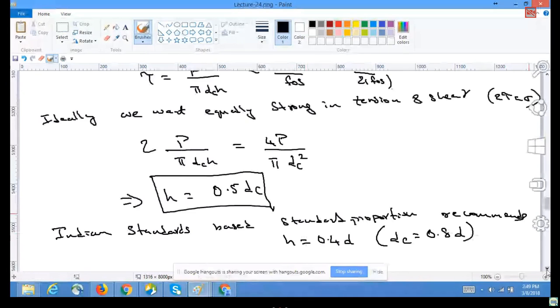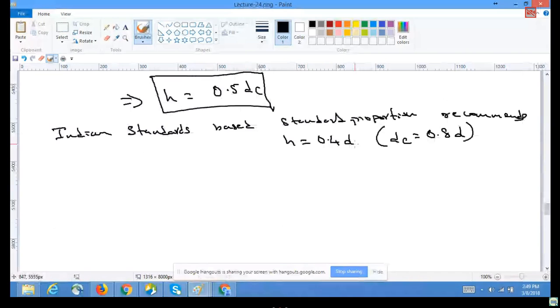So this is what is generally used when somebody says that it is of a standard proportion. We will make use that the height of the nut is 0.4 times the d. So this is one thing which we'll make use of in our further calculations at a later part.